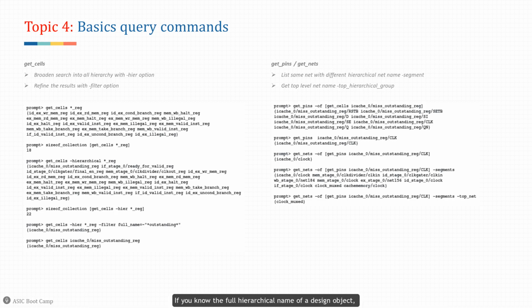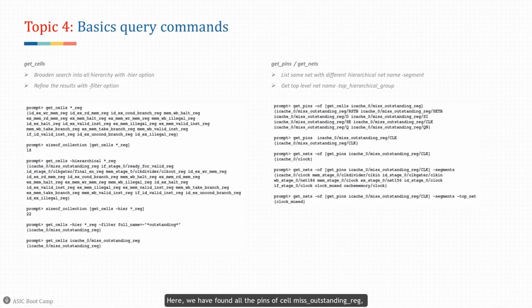If you know the full hierarchical name of a design object, you could directly use get_cells or get_nets command on it. The get_pins command can be used to set scope on a particular pin, or to find all available pins on a certain cell if of_object is used.